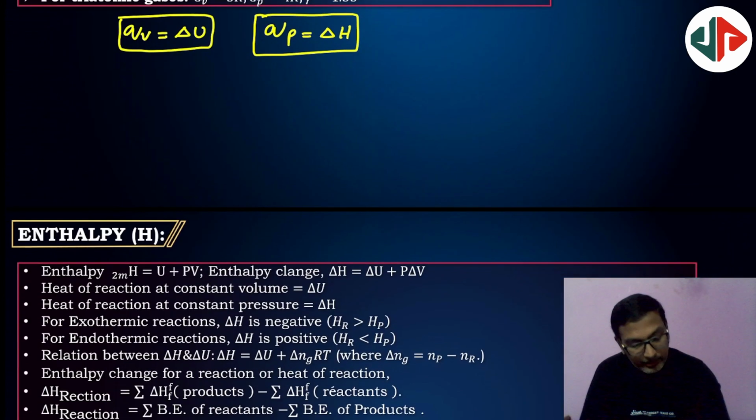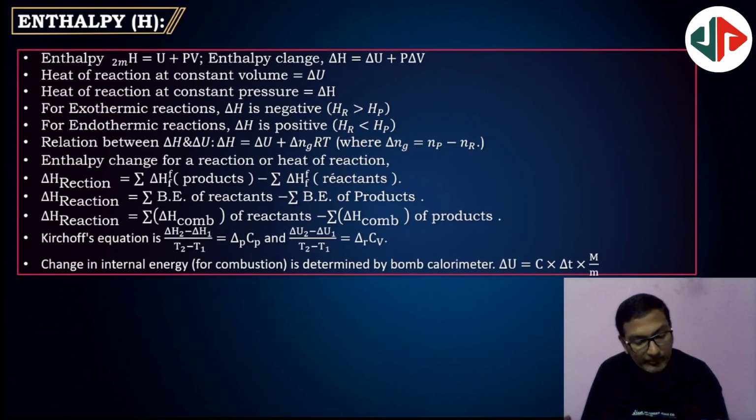Next, enthalpy. So, enthalpy H equal to U plus PV. U is internal energy plus PV work. Delta U is the change in internal energy, delta H is the change in enthalpy.